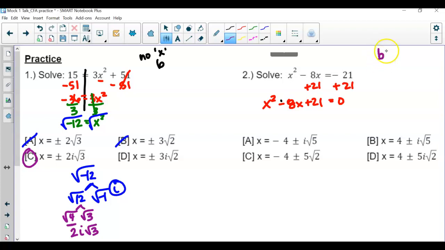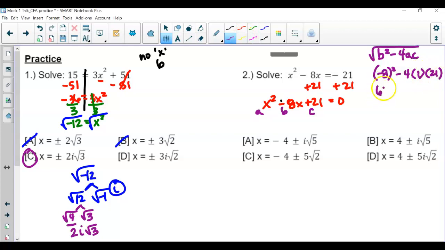Remember, the discriminant is b squared minus 4 times a times c. Remember, that is what's inside of the radical. So remember these are your a, b, and c values. So b is negative 8, so negative 8 squared minus 4 times a, where a is 1, times c, which is 21.